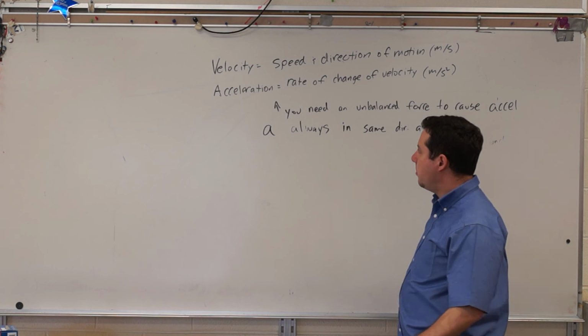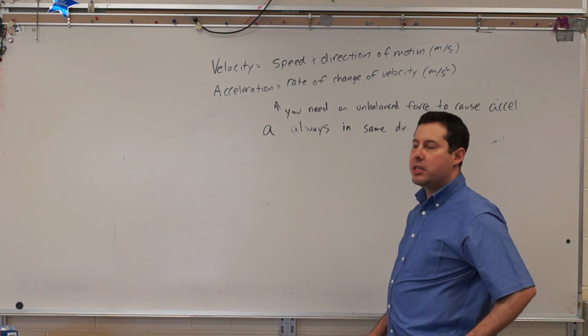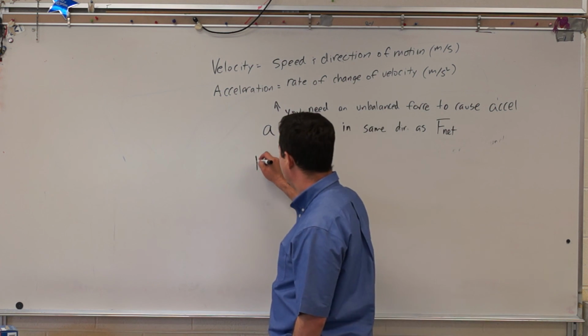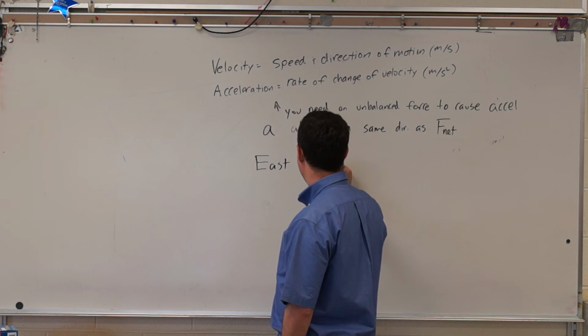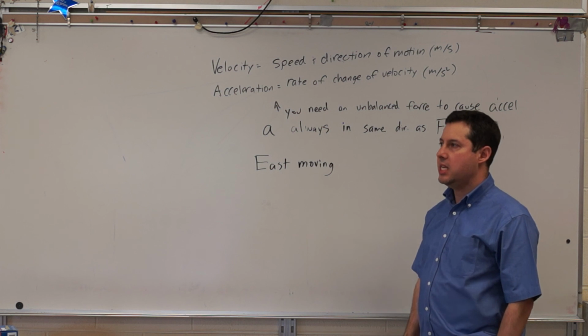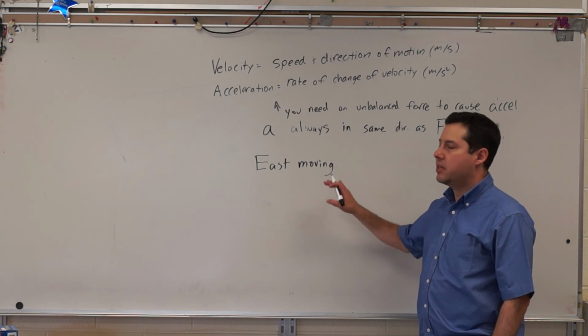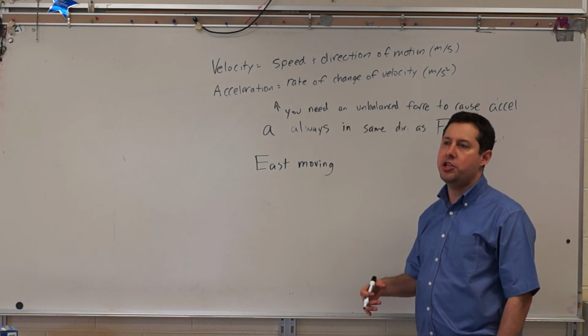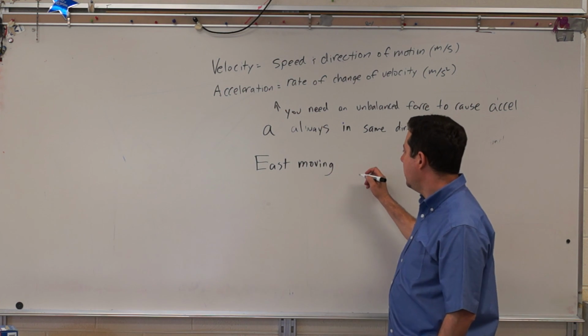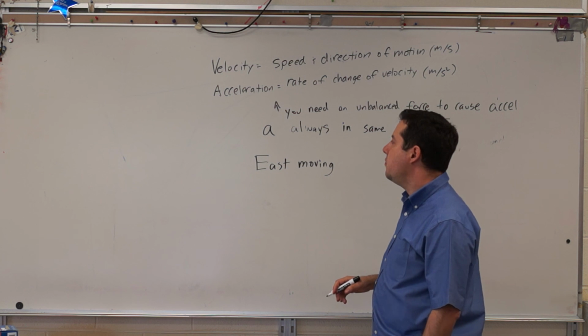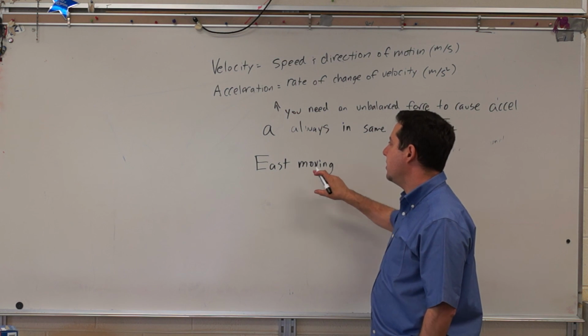So let's think about this. If an object is moving east, that means your velocity is to the east. If you want to cause that object to speed up, you've got to push it to the east, in the same direction as it's moving.